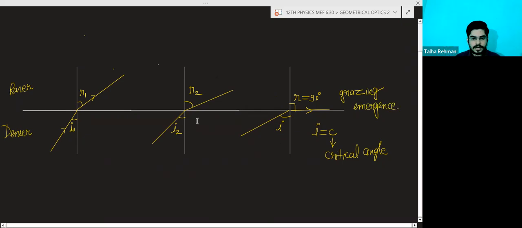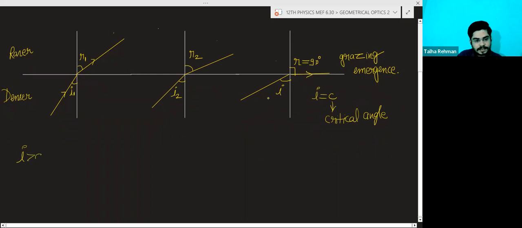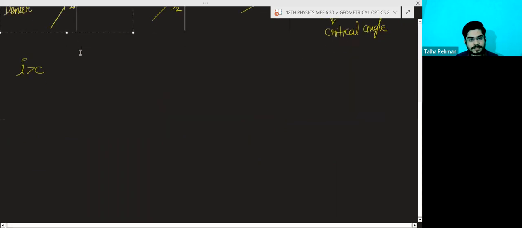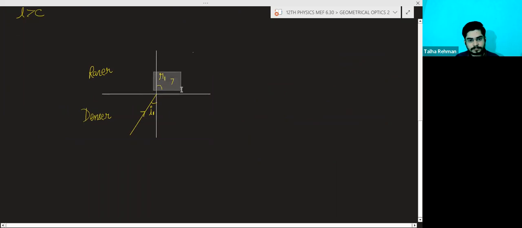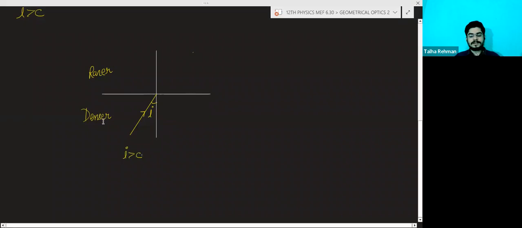Now, suppose you have incident a light ray with an angle of incidence greater than the critical angle, then what will happen? If suppose this is the angle of incidence I, and this I this time is greater than the critical angle, but the condition is that the light ray is moving from denser to rarer medium.